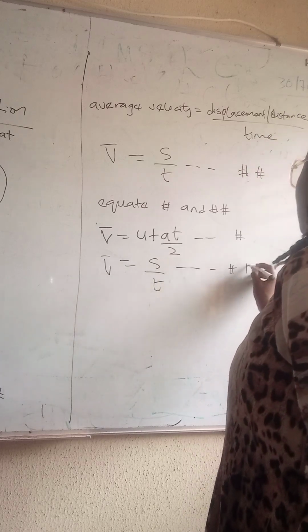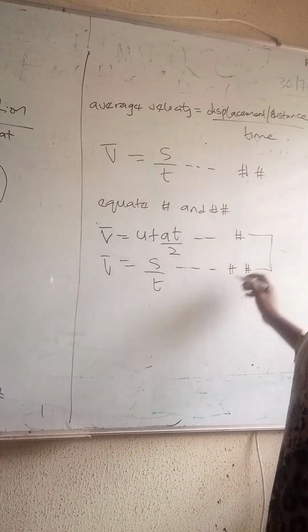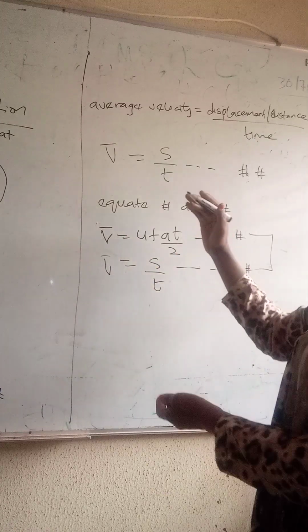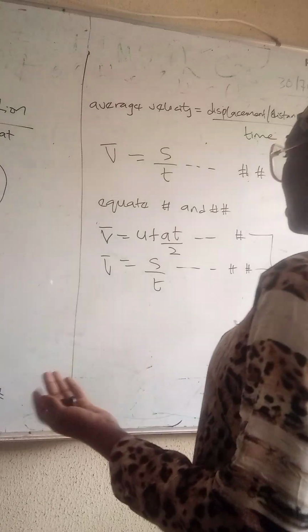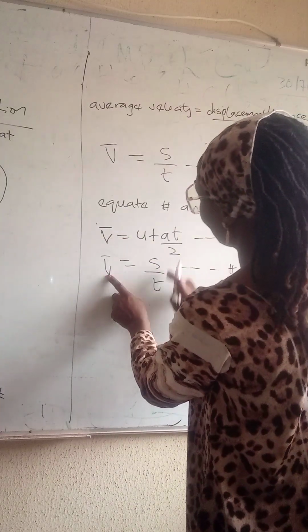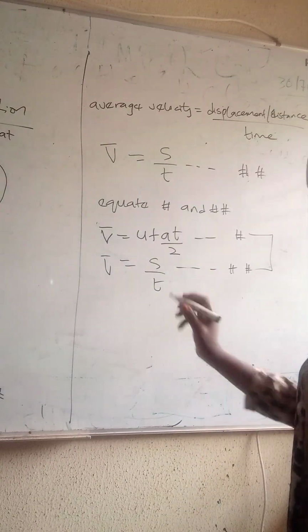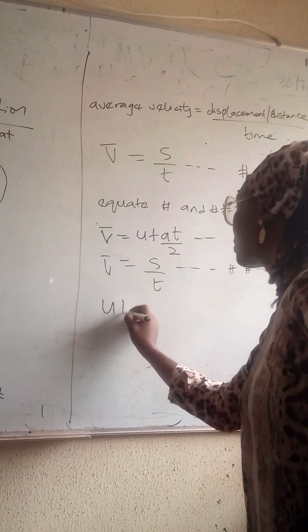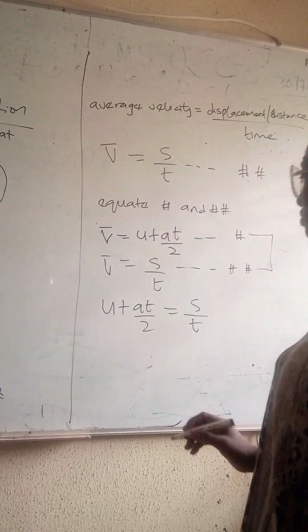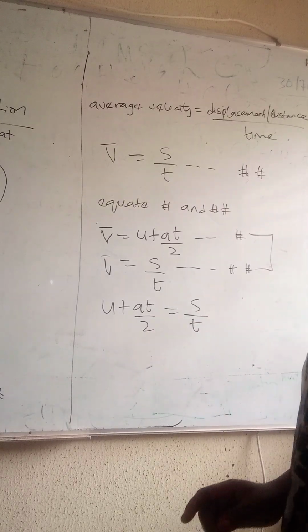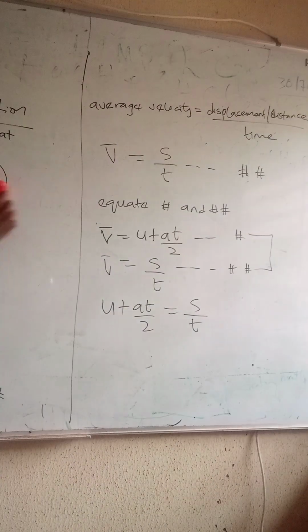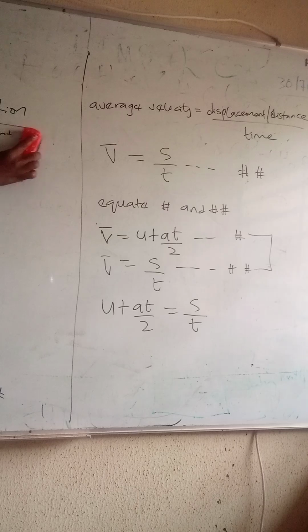We are going to combine these equations. Since average velocity is equal to this and average velocity is equal to this, we equate the two, or substitute this average velocity with this one. So now we have u plus at all over 2 is equal to s over t. Permit me to wipe the other side so that we can do this problem solving together.